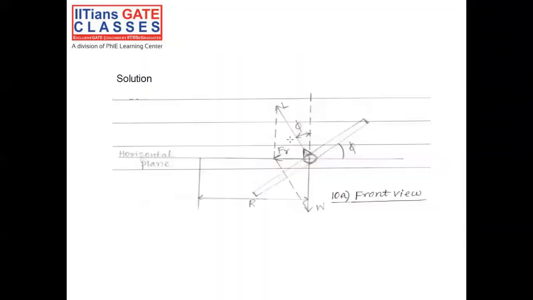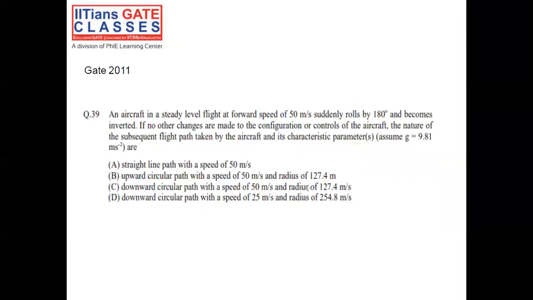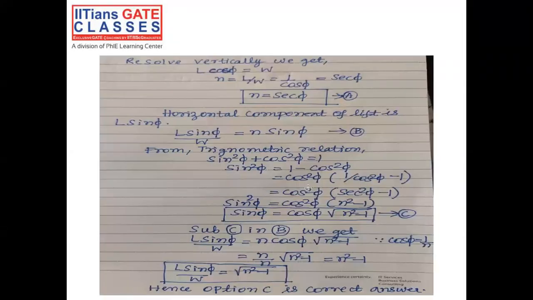From this, L cos phi is equal to W. From this, load factor can be written as lift divided by weight, which is equal to 1 divided by cos phi, that is secant phi. So n is equal to secant phi. Load factor is nothing but secant phi.